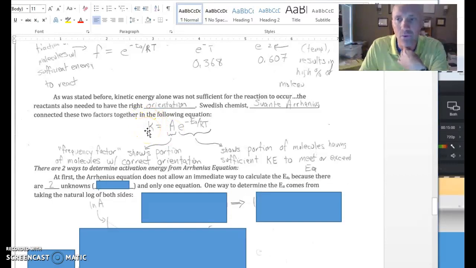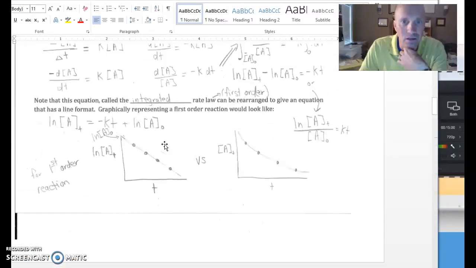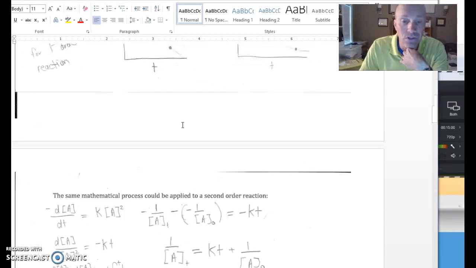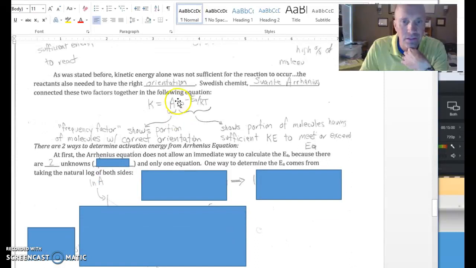Yeah. When we did the original equations, if you go a while back, remember when we ran these things at different concentrations, we were eventually able to calculate rate constants once we knew what the rate law was. So we do have a way to calculate it.